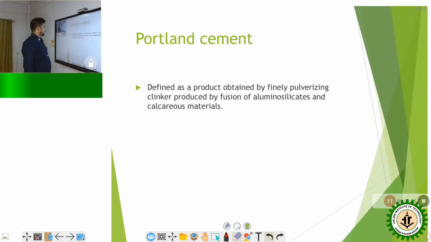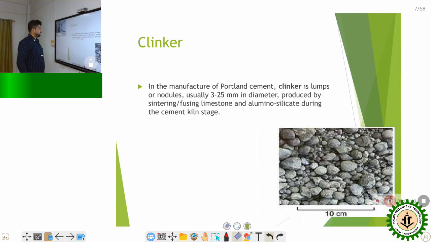It is defined as the product obtained by finely pulverizing clinker, which I already told you is a fusion of aluminum silicates and calcareous materials. What is clinker? Clinker is nothing but the fusion of different types of aluminum silicates and calcareous material. It looks like this.